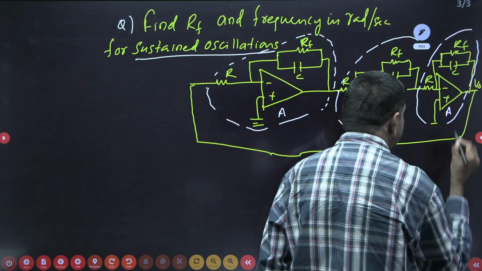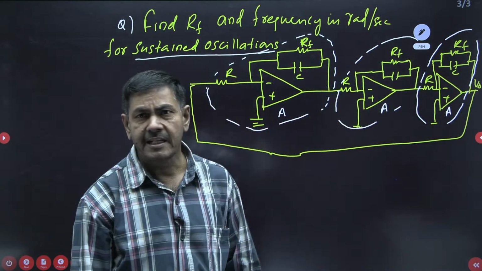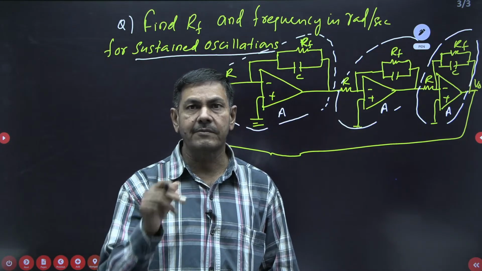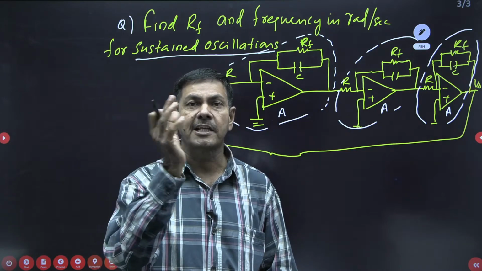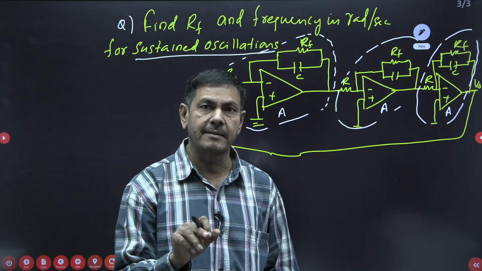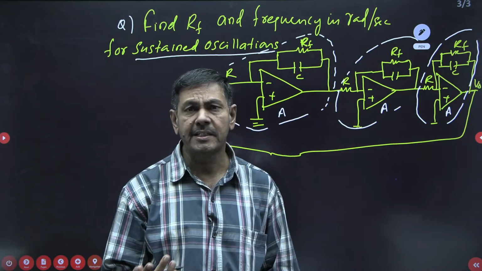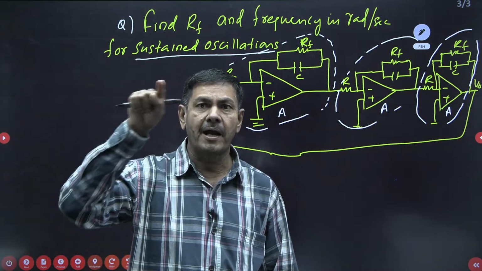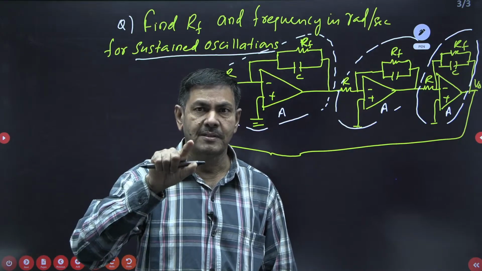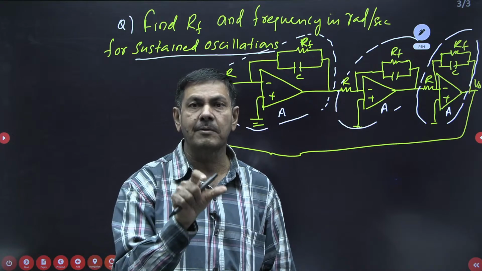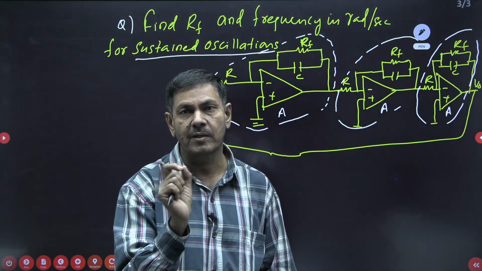It won't be changed. Already you have seen a Wien's bridge oscillator. There it is one non-inverting operational amplifier, and feedback is made with an RC network. The gain available from the op amp into the gain from the feedback gives the total gain; the product is required, A into beta.